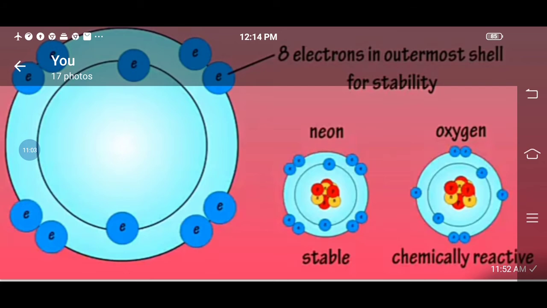Adding 6 plus 2, there are 8 electrons totally in the oxygen atom. In the last orbit there are only 6 electrons, and the second orbit has a capacity of 8 electrons. That means oxygen is also more reactive in nature.